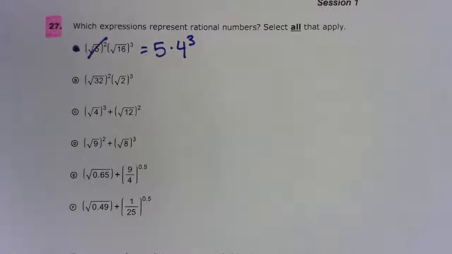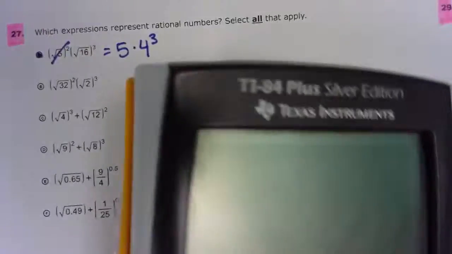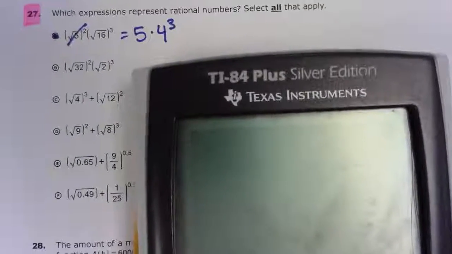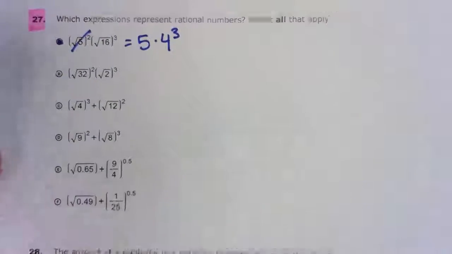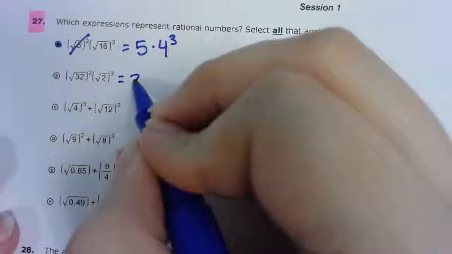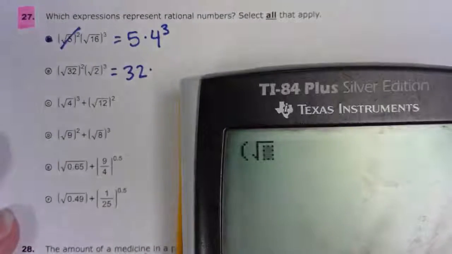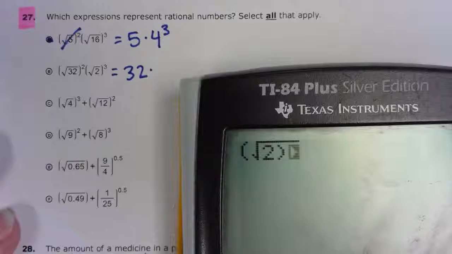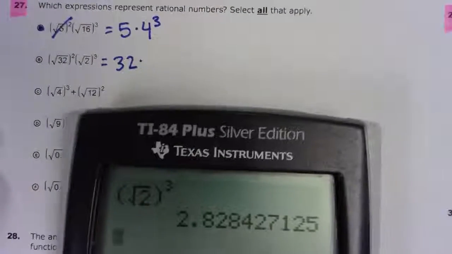So if we take a look at this second one, it is square root of 32 squared, which is going to be 32 times the square root of 2 to the third. Now, the square root of 2 to the third is going to be an irrational number because it doesn't undo that squared.